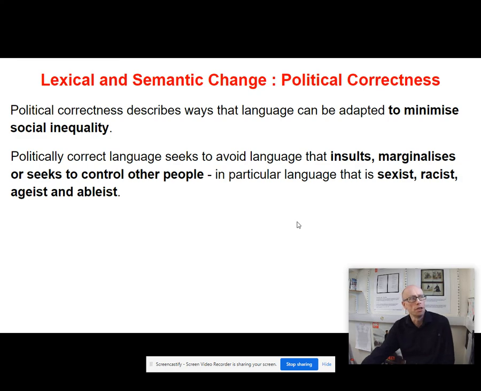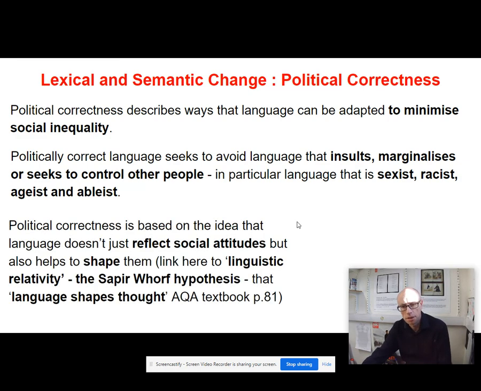So it's trying to challenge the kind of usage that's embedded in people's speech. And I suppose it's based on the idea that language doesn't just reflect social attitude, but actually it helps shape those social attitudes. So this is an idea that's explained in the AQA textbook on page 81.